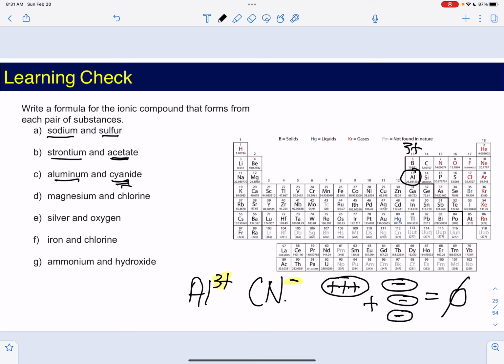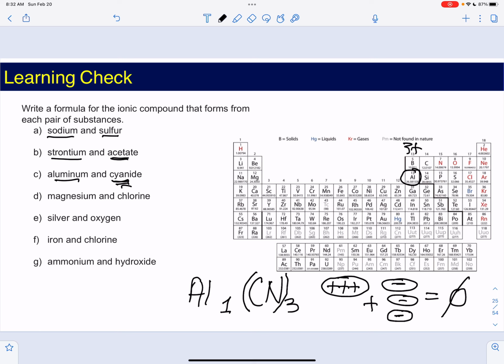So I'm going to need 3 of those and 1 of these. Once I do that, the charges do not show anymore. However, I do not want to tell you that I have 1 carbon and 3 nitrogens, right? That's not what I'm trying to say. I'm trying to say that you need 3 of those. So the parentheses are important whenever you see some confusion there.